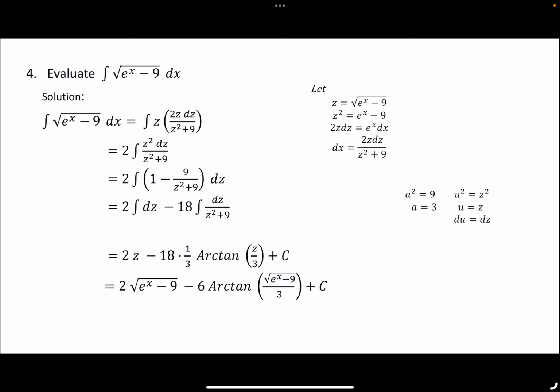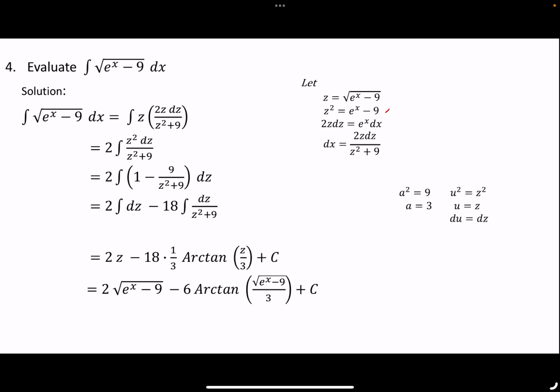Now, for this next item, we have the integral of the square root of e to the x minus 9. We let the entire radical be z, and we square that, so we have z squared equal to e raised to x minus 9.